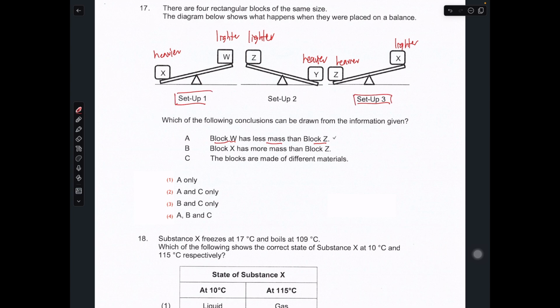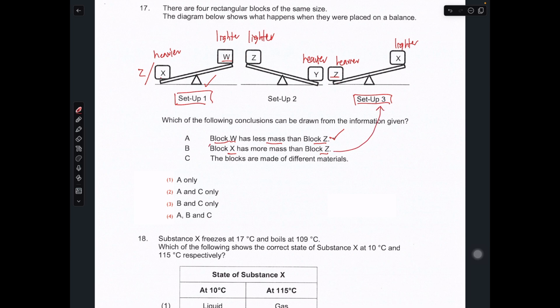W is lighter than X, and X is lighter than Z. So if we put Z here, naturally this will still follow. So this is correct. X has more mass than block Z. So this is linked to setup 3.